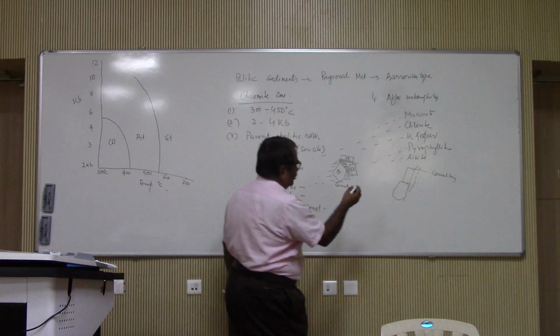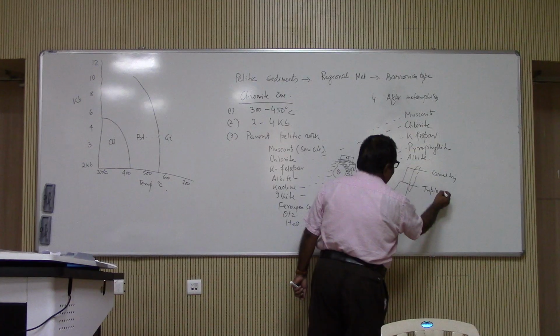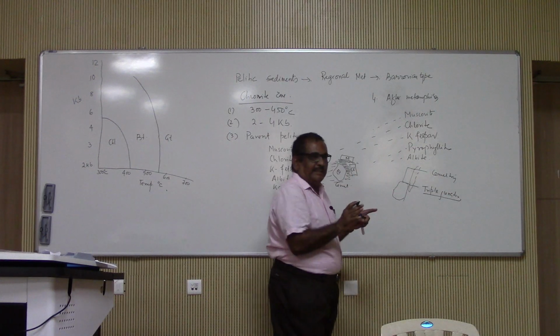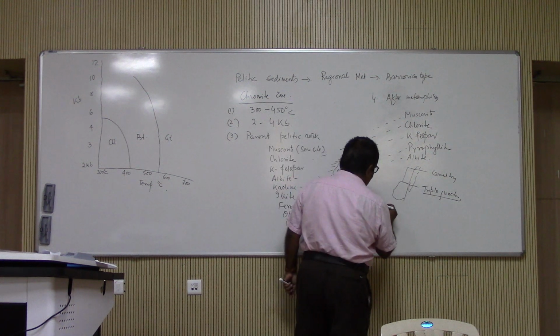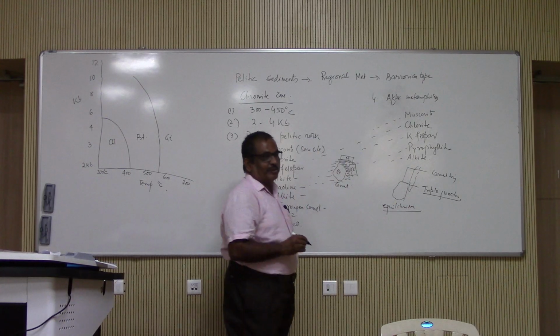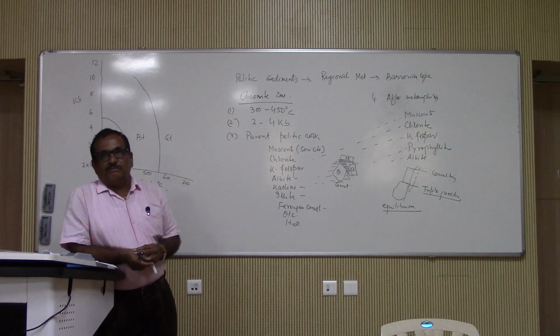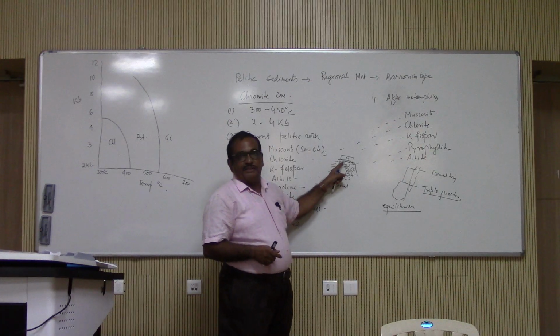देयर विल बी ट्रिपल जंक्शन, because now these minerals are being recrystallized. They are in equilibrium. ये सब मिला के, so these minerals are in equilibrium. Now once upon a time they were being held by this cement.